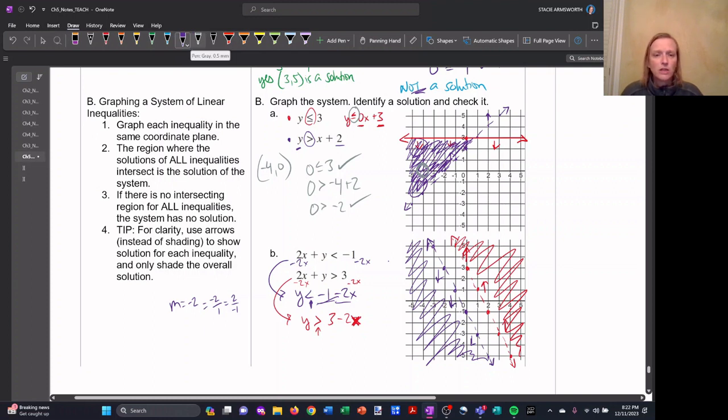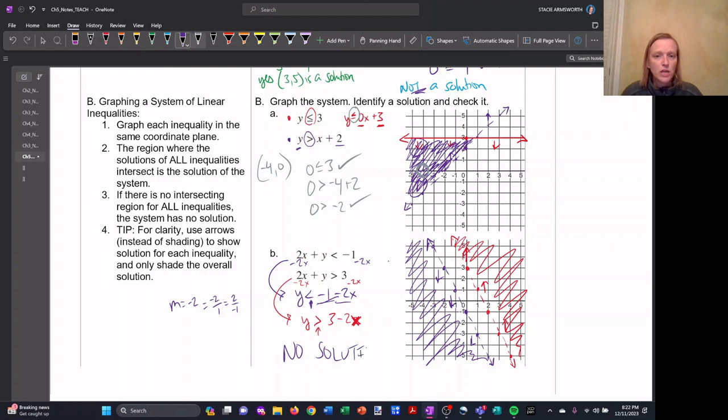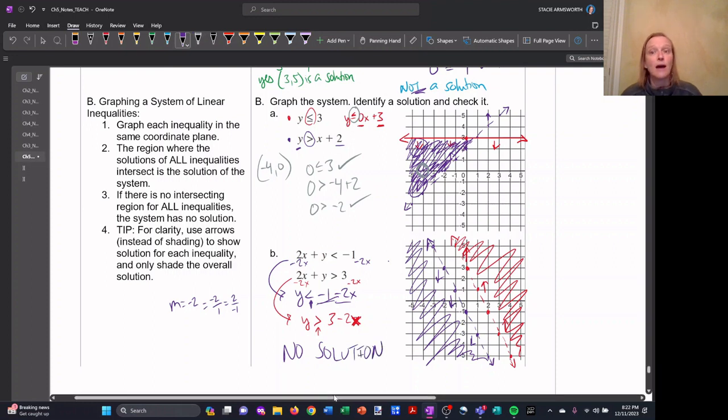This system of inequalities has no solution because those shaded regions never overlap with one another. This will happen, for instance, when you have two inequalities with the same slope, but then shaded regions that don't end up overlapping with each other.